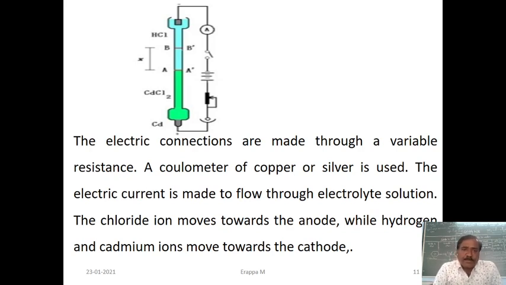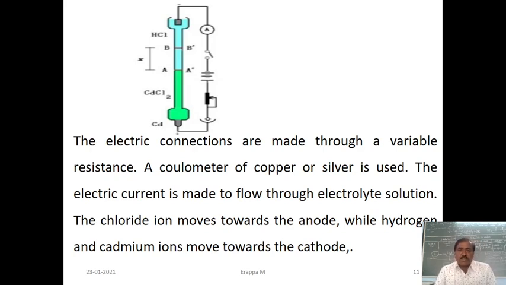You can observe the indicator electrolyte is filled first, and above this the principal electrolyte, that is HCl, above cadmium chloride. Due to the refractive index, we can observe a boundary that is called AA dash.